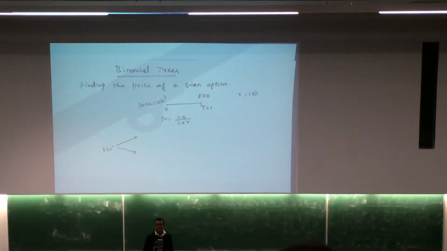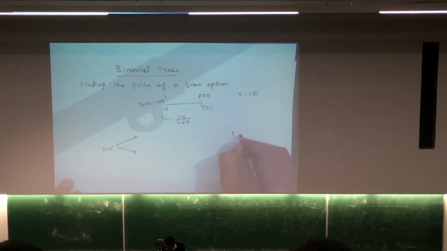Imagine a world where there are only two possible situations. The stock price might go up by 10%, or it might go down by 10%. So I am just simplifying the reality.